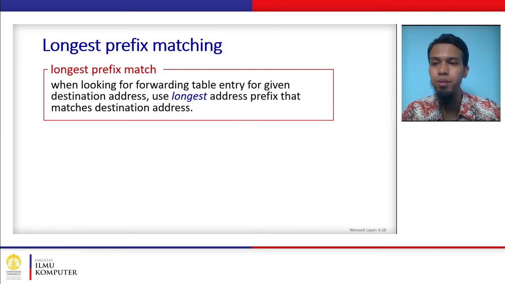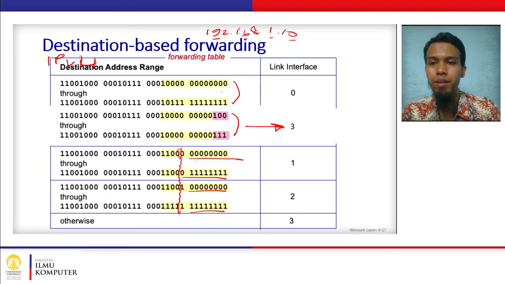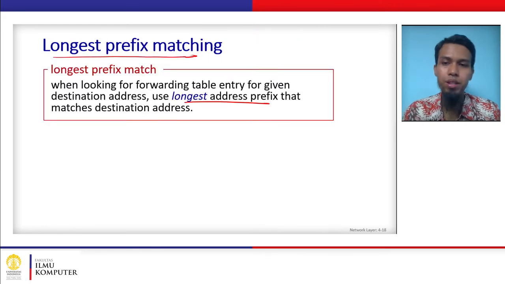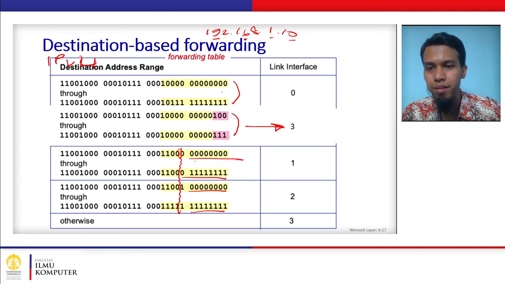This method is called longest prefix matching. We check the destination IP address of the incoming packet, and then take the longest address prefix that matches any destination address range. If we divide here, we can simply replace the rest with stars, because it can be anything.